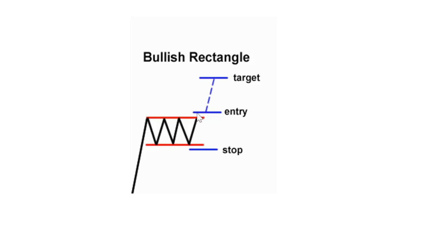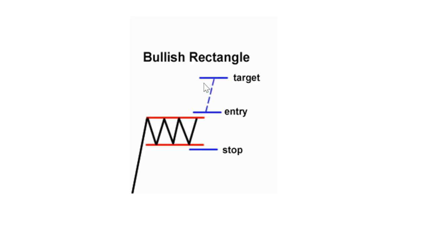So where can you possibly have your target price? Your target price will be, you can say, this distance of the rectangle; you can have that as your target price.